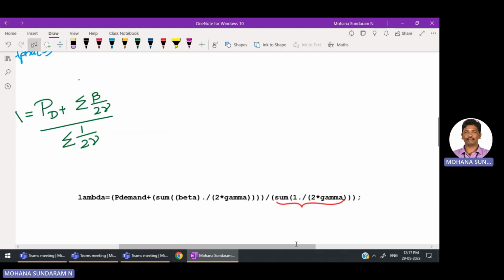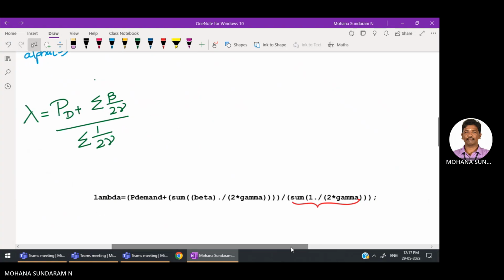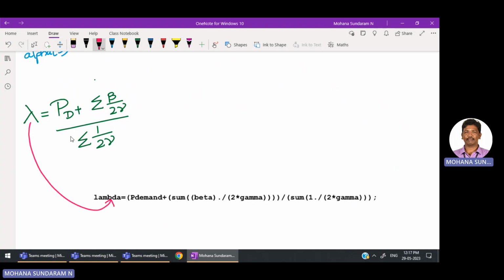Now look at this. Here lambda is given like this: lambda equal to power demand, plus this portion, which is given by this, and similarly this portion is denoted by this.